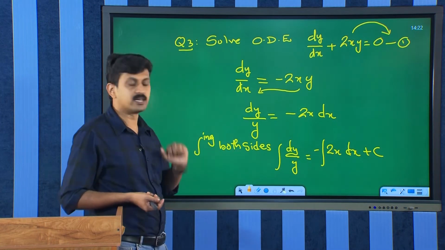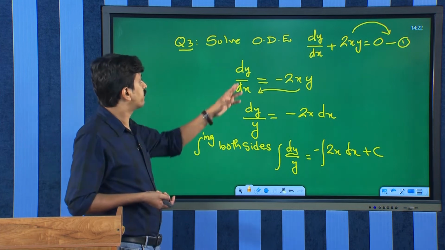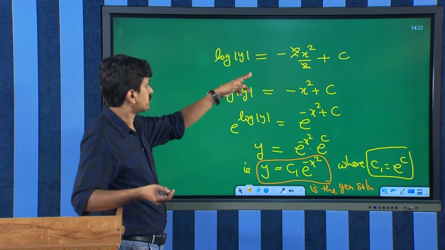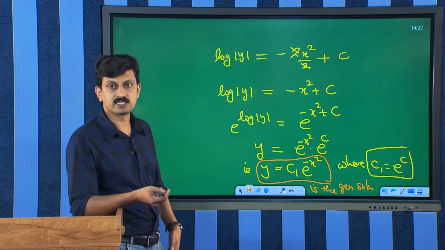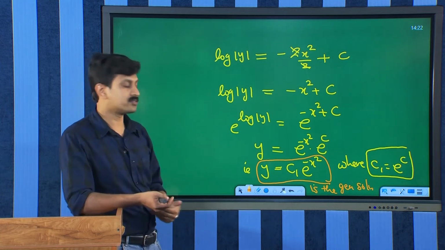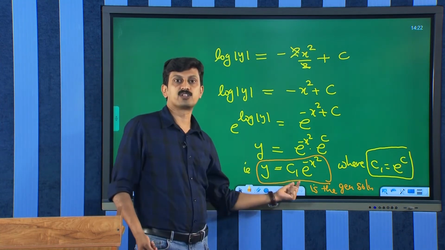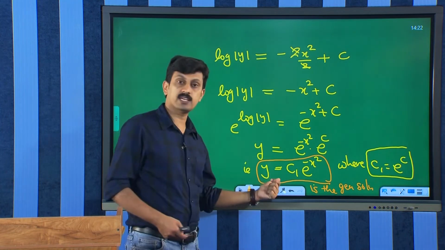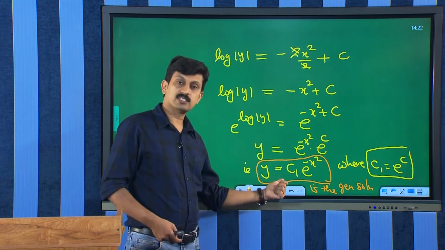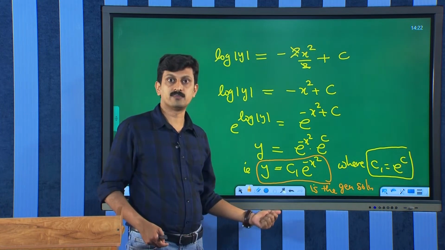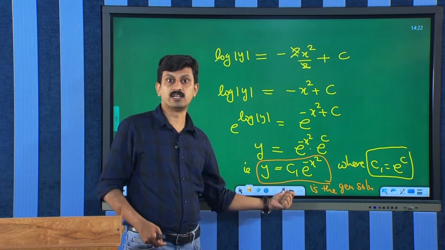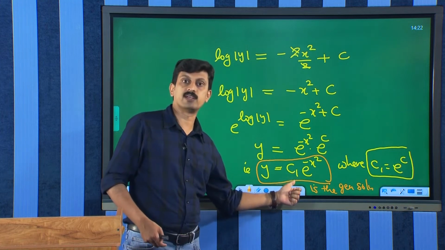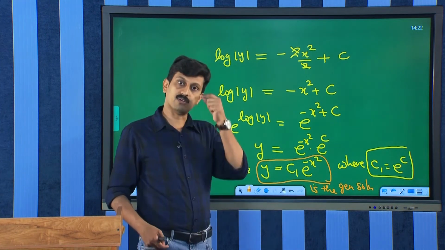So, we can integrate both sides and we will have the solution like this. We can manipulate and reduce the solution to a simpler form. As I said before, if it is an initial value problem, if it contains an initial condition, then we are able to find a particular value for c1 or c.